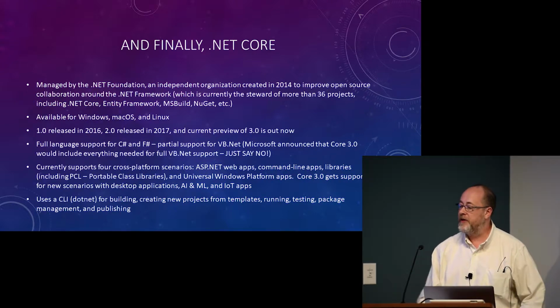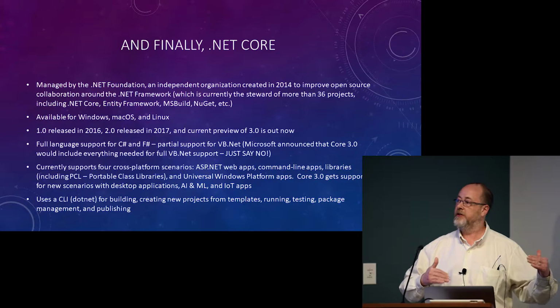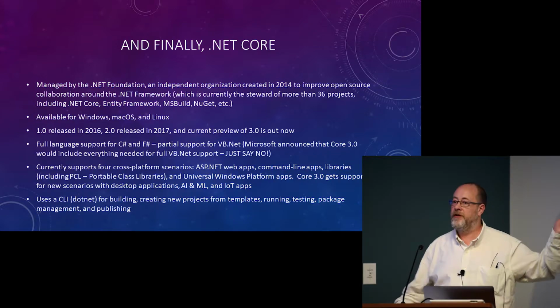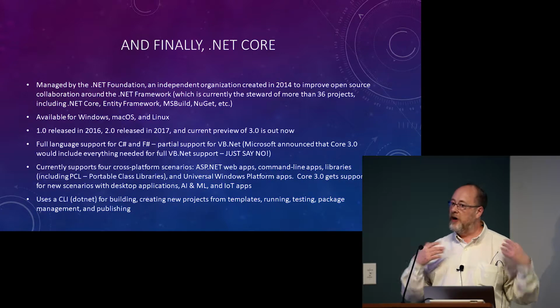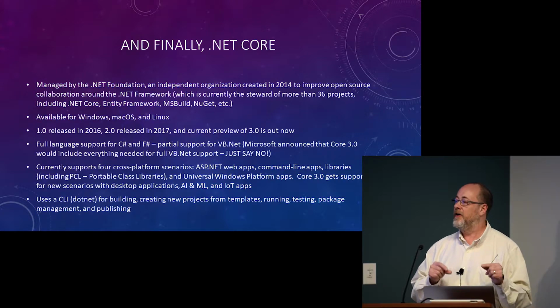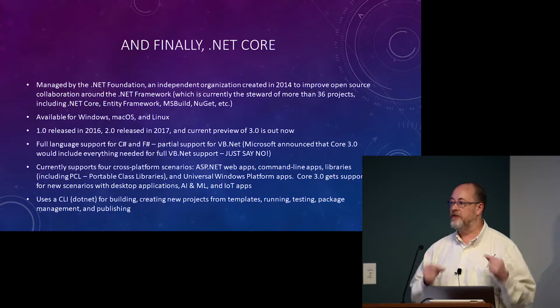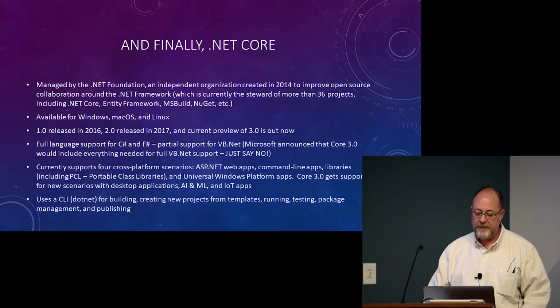A lot of that is because it originally started as a really small subset of what we all considered to be .NET. .NET is a framework with a million namespaces that cover everything you could possibly imagine, and .NET Core 1.0 was a very small subset of that. Further versions increased it, 2.0 increased it, and it keeps going.